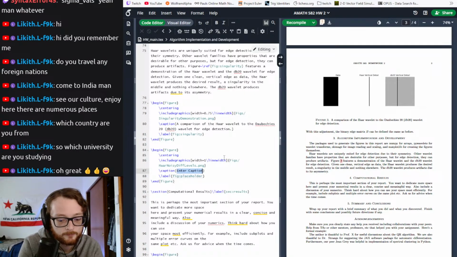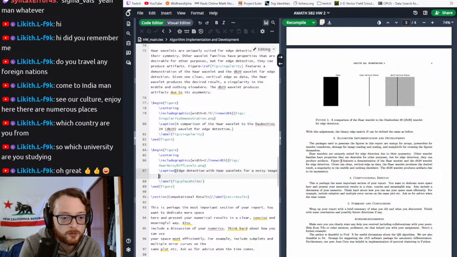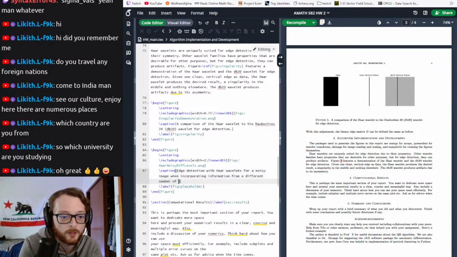Edge detection with our wavelets for a noisy image, when incorporating information from a different number of levels.